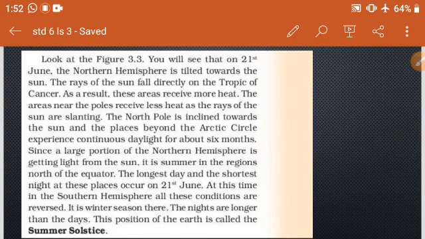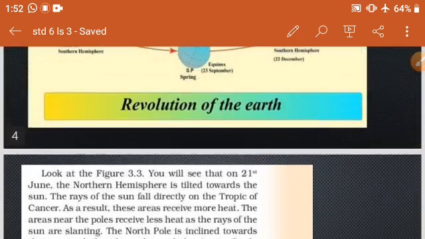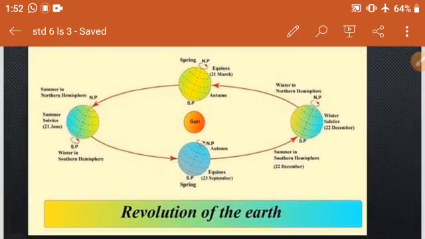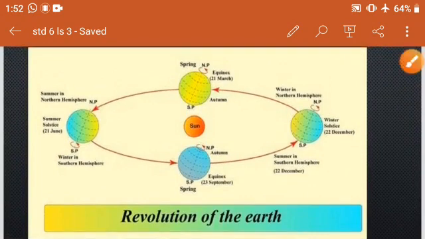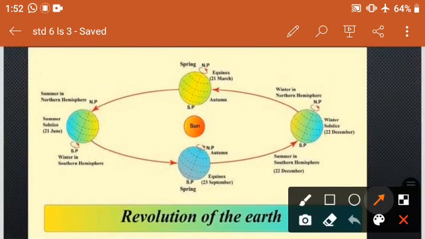So, let's go to figure 3.3. Okay, so this is the figure 3.3. Over here, we can see summer solstice, which is on 21st June. So, children, we can see that this is the sun and the earth is getting heat from the sun, the north pole and the south pole.